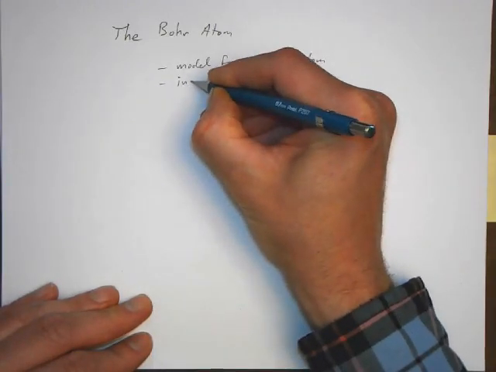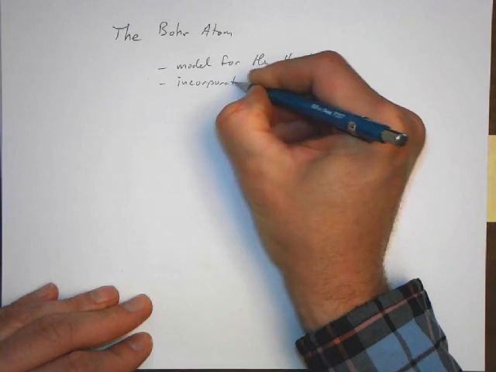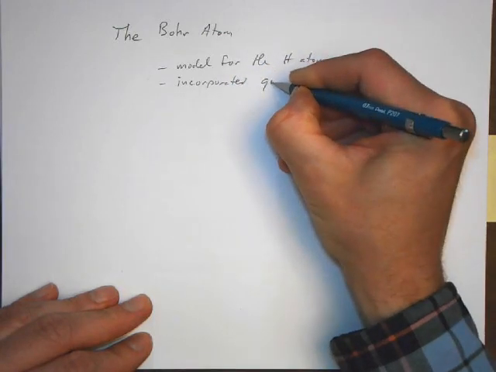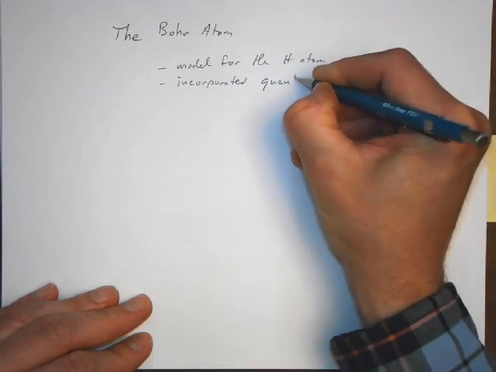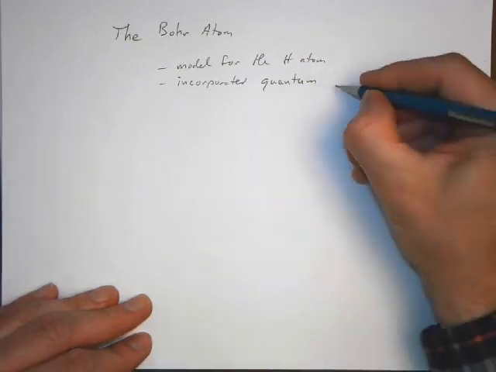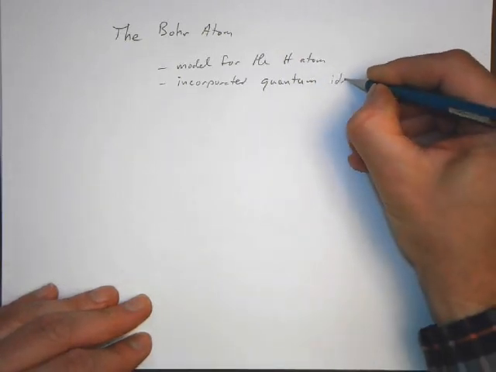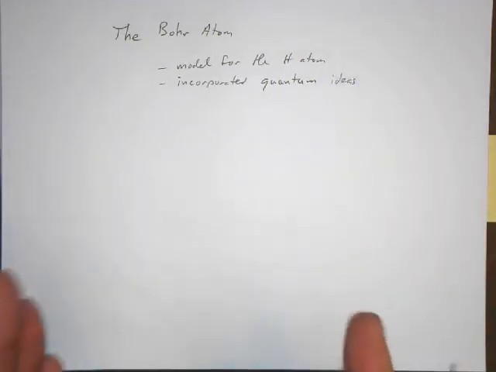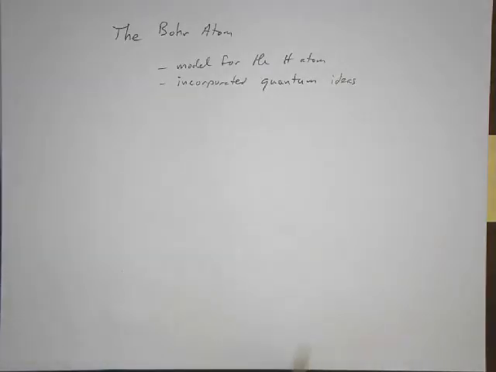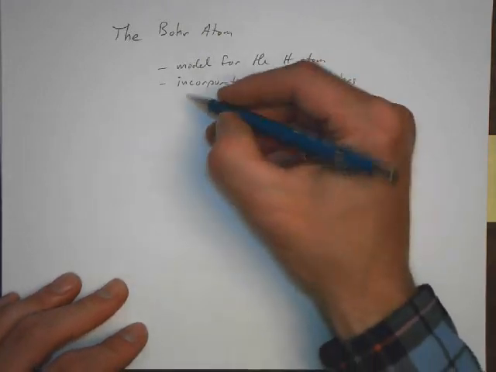It incorporated quantum ideas, quantum meaning a packet of energy, a specific amount of energy, like we might get with a single photon, which is a single packet of energy.